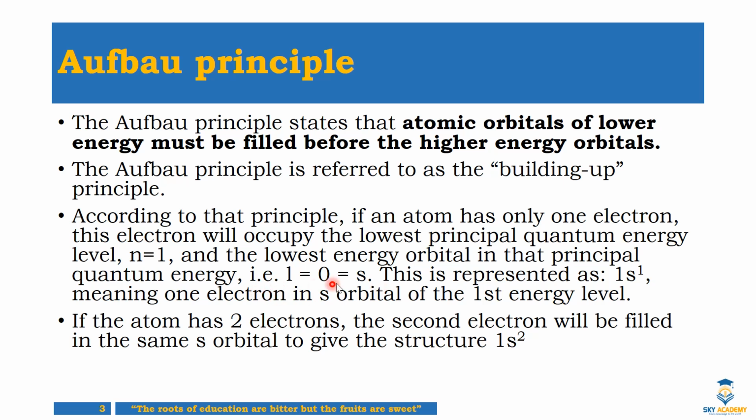I think you know those quantum numbers, so we may not spend much time on this. If you don't know them, write in a comment so that we can look at the quantum numbers.